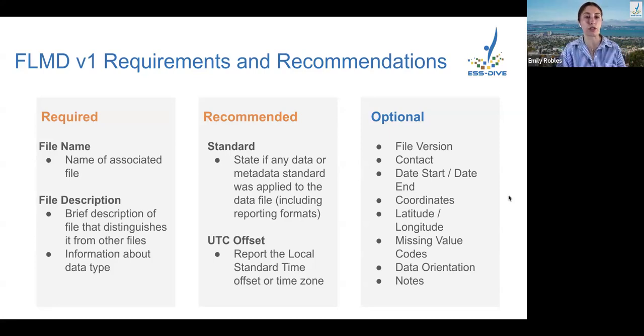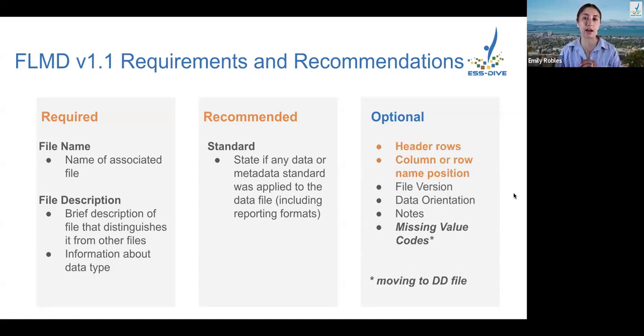What we've done with version 2 is not change those required fields at all, but we have pared down both the optional and recommended fields. For recommended fields, we are keeping the standard field, which is a place to note if a singular data file is following some type of defined standard, whether it's a reporting format or another type of standard, and we'll talk about modifications to that field in a moment.